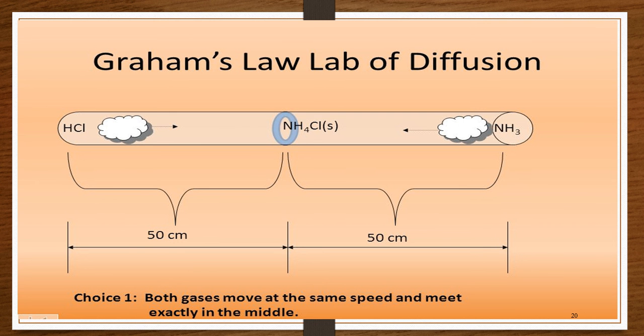And practically it has been done in the laboratory through experiments. If on one side you have hydrogen chloride gas and on the other side you have ammonia gas, once you release them together at the exact same time, a phenomenon will occur whereby both gases move and meet exactly at the middle by reacting to form ammonium chloride.